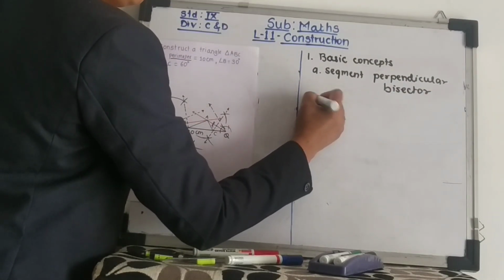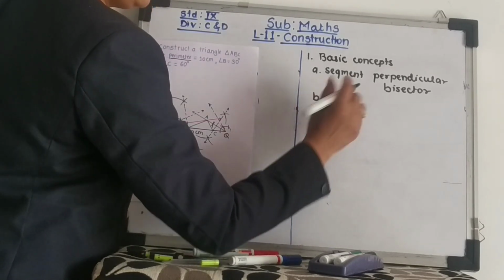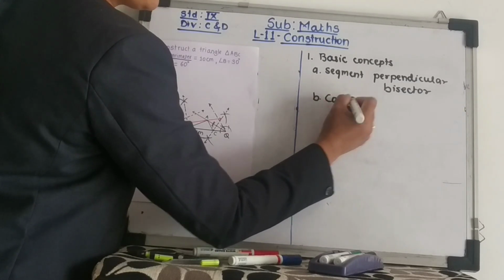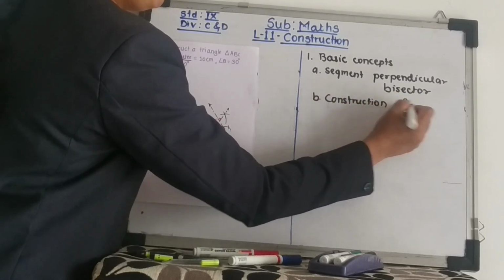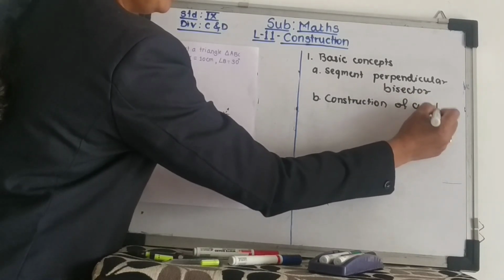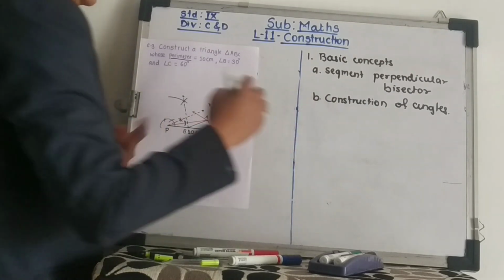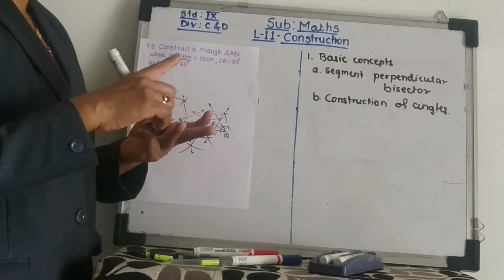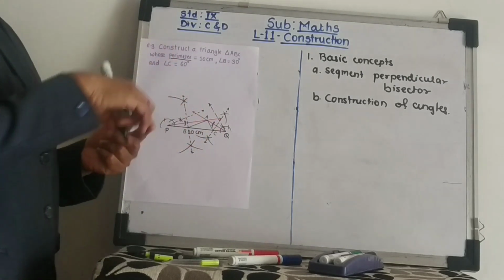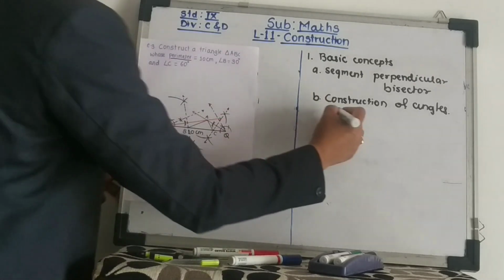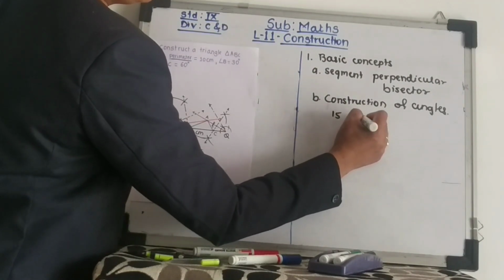Then second, we have seen how to construct angles. In that we saw how to draw a 15 degree angle, 30 degree, 60 degree, 45 degree, 90 degree, 105, 135, that is, multiples of 15.